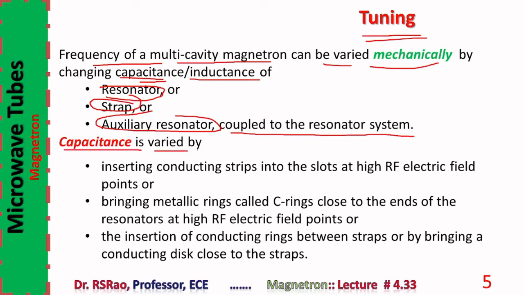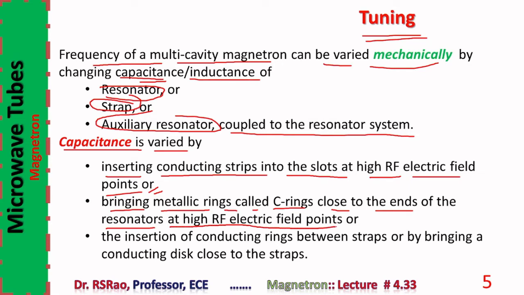Capacitance is varied by inserting conducting strips into the slots at high RF electric field points, or bringing metallic rings called C rings close to the ends of the resonators at high RF electric field points, or the insertion of conducting rings between straps, or by bringing a conducting disc close to the straps.